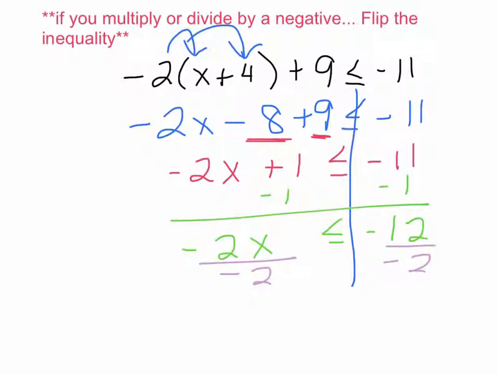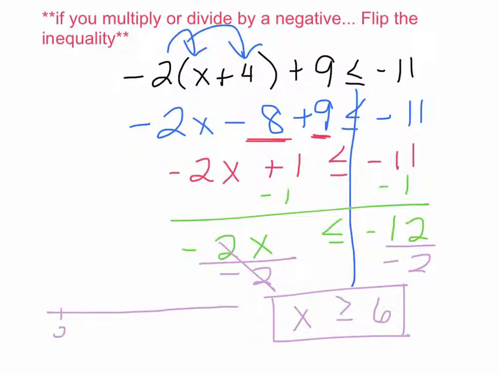Now the only thing with inequalities, if you multiply or divide by a negative, which I did right here, I have to flip my inequality. So x is greater than or equal to positive 6. There's my inequality. If I am asked to graph it, I would graph 0, 1, 2, 3, 4, 5, 6, close off, and then my arrow would point to the right.